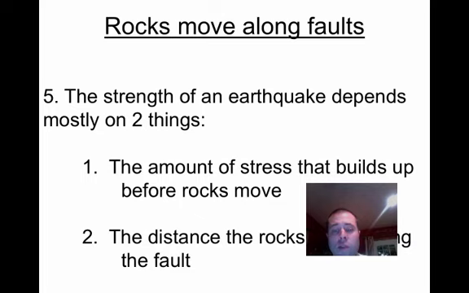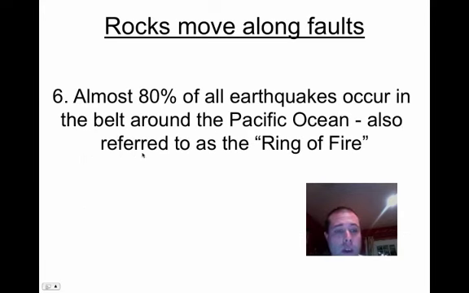So in places of frequent earthquake activity, it's almost good sometimes to have a lot of smaller earthquakes instead of having stress build up and have that big one. If a lot of stress is built up, there's a greater likelihood that the rocks are going to move a larger distance and we're going to have that big earthquake.